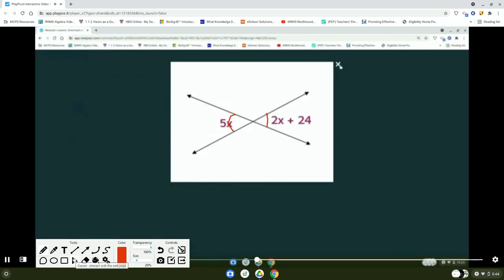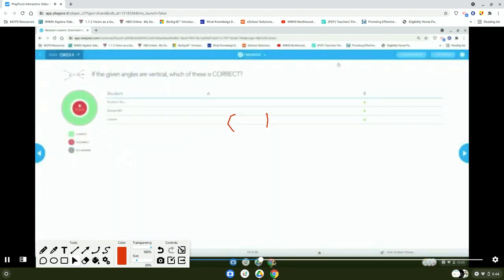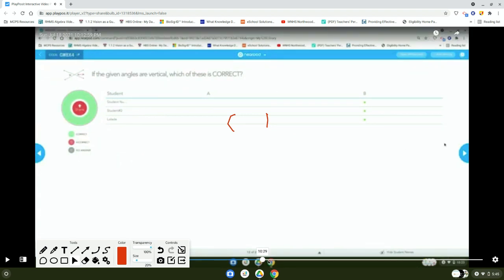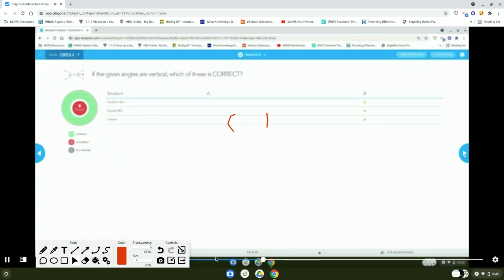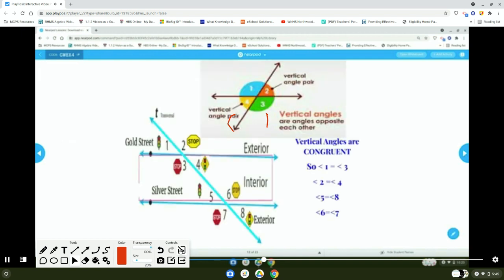What is the relationship between them? Great job, everybody. So those two angles are across each other. Specifically, they are vertical angles and they are congruent.